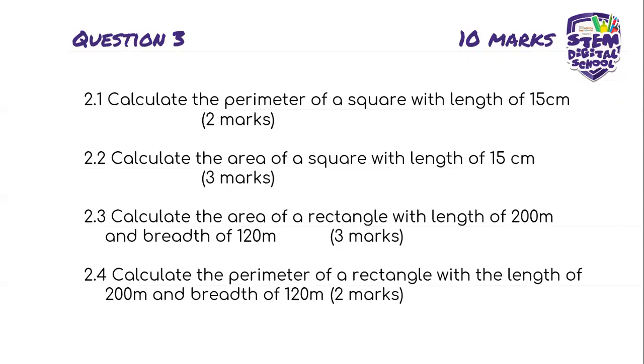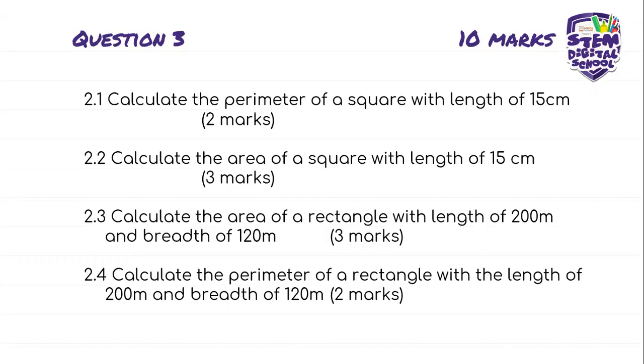Let's quickly resolve 2.4 before we move forth. 2.4, where we need to calculate now the perimeter of a rectangle. Yes, the perimeter, Nosipo says 2 open bracket length plus breadth. And then, of course, 2 into 200 plus 120.